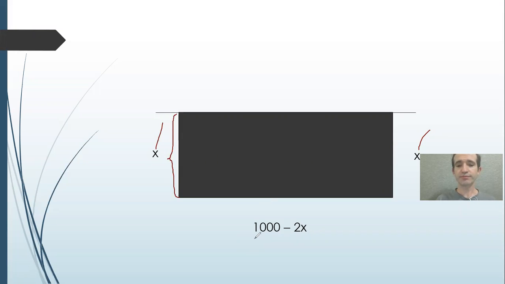And we can think about the remaining material. We have the total amount of material, 1,000, minus 2 times X. We subtract both sides equal to X from the amount of material that we had in the problem.